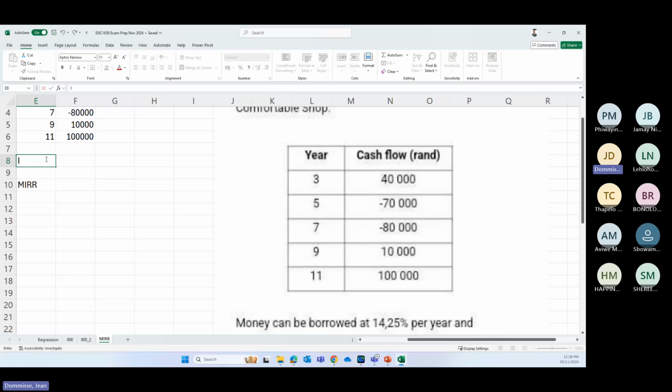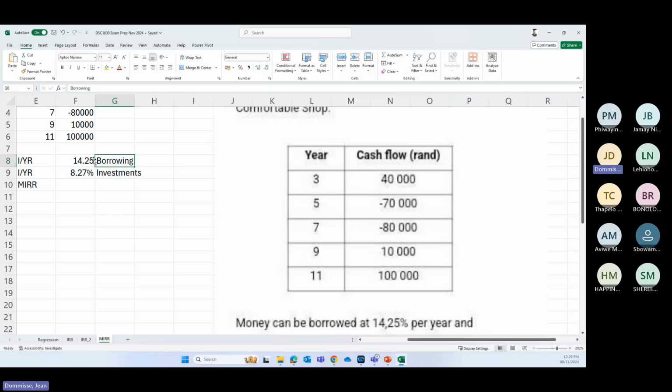So let's just quickly add that interest rate of 14.25% on borrowing, and an interest rate of 8.27% on investments.